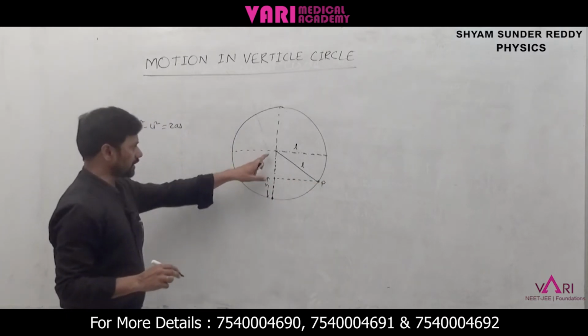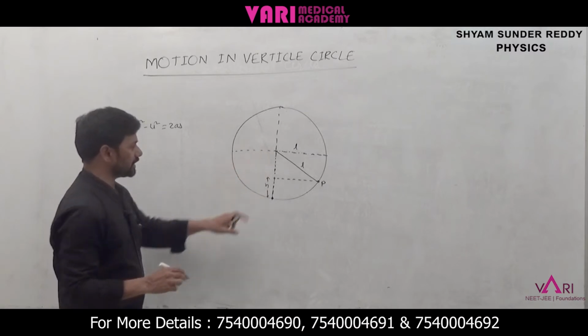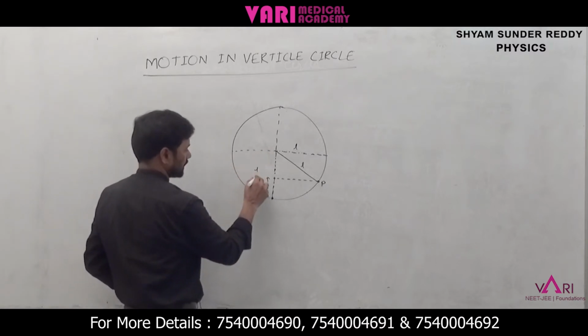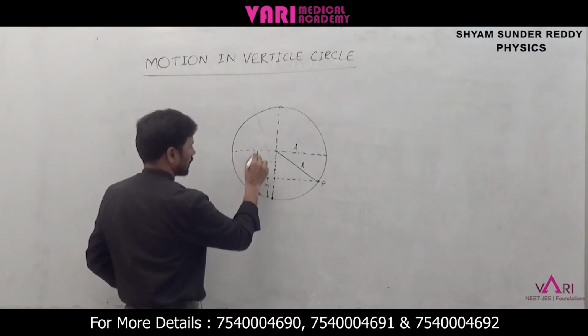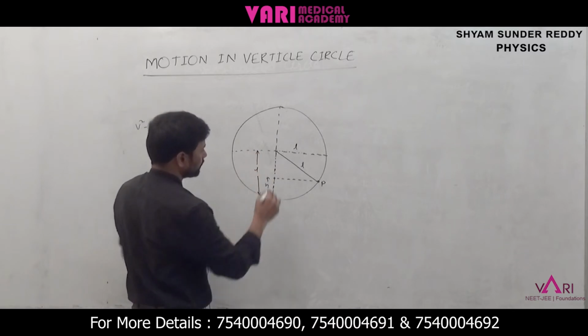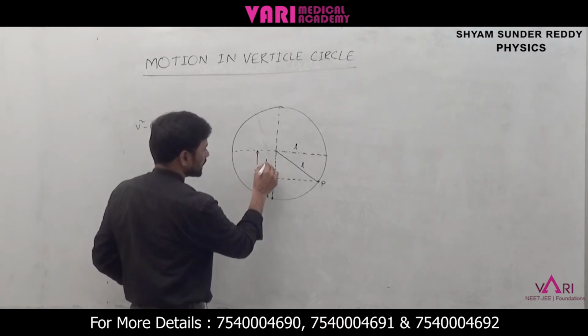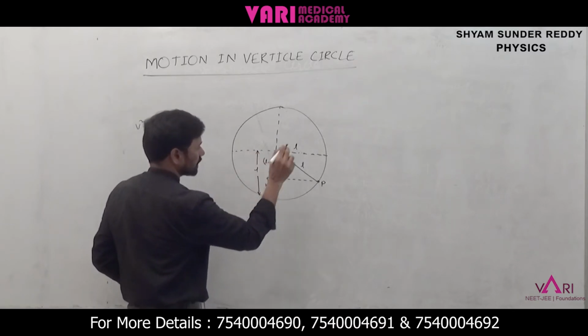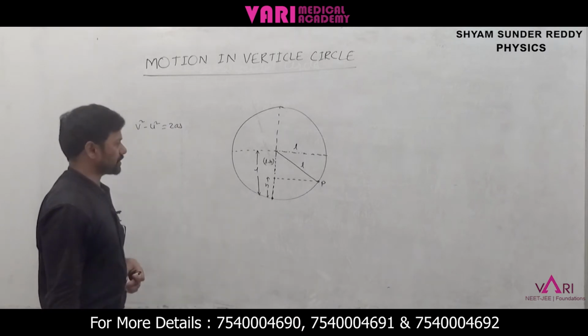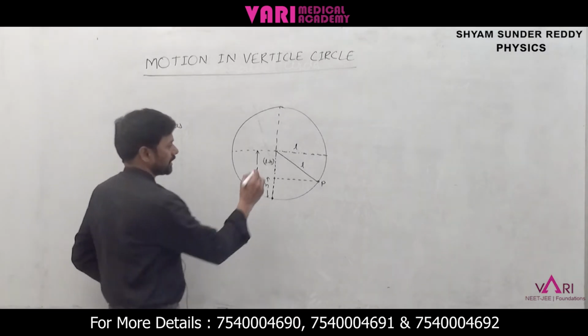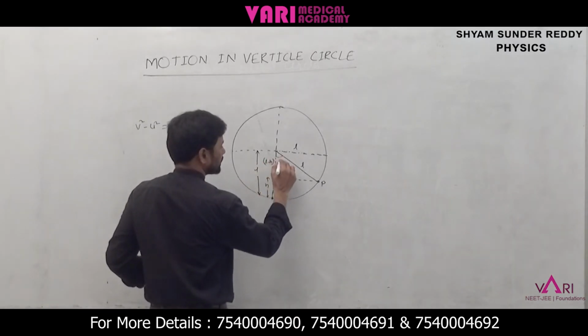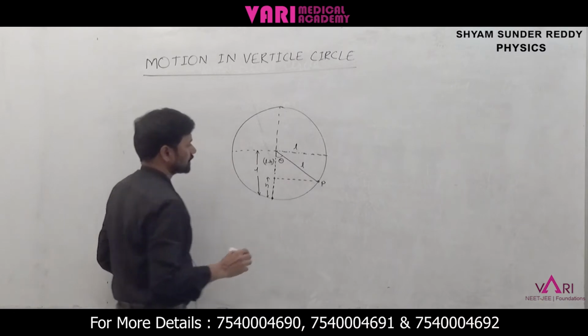The total length from here to here is L, this is h, so this is L minus h. Here it is theta, right?